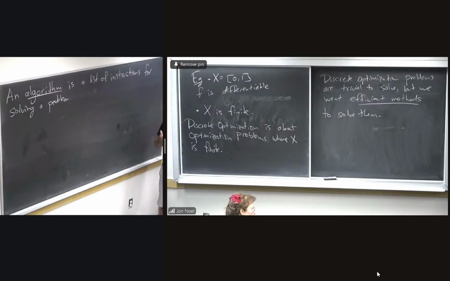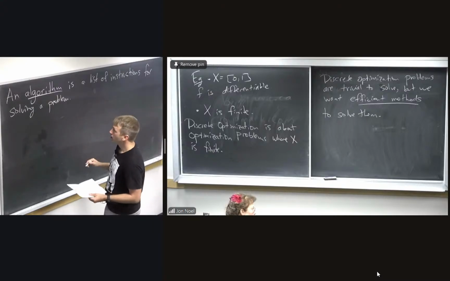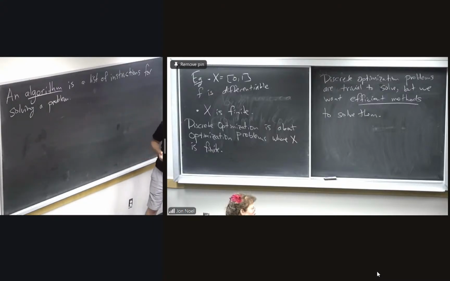This is a list of steps where if you are given a problem, you can just follow the steps and get the answer. So for any discrete optimization problem, there is an algorithm: you just check everything. But what we want to do is find algorithms that can be implemented in a small number of steps.